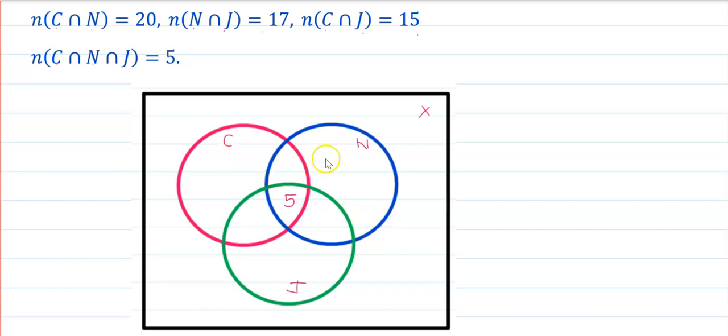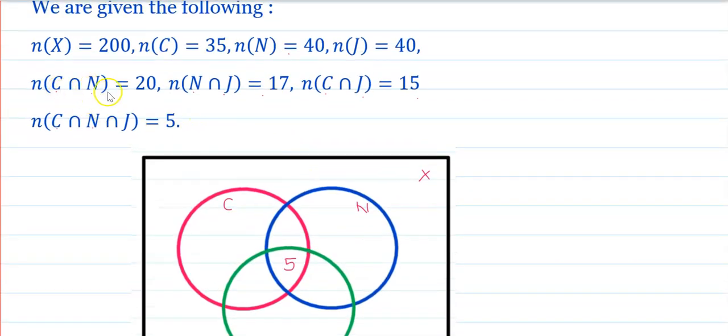Next, CET and NEET: common failed are 20, but 5 is here already. Therefore, 15 are remaining there.